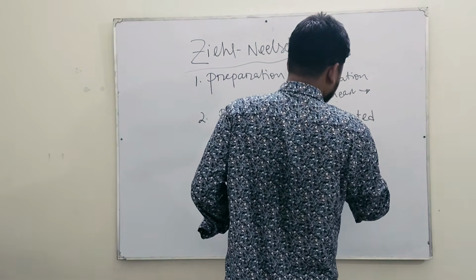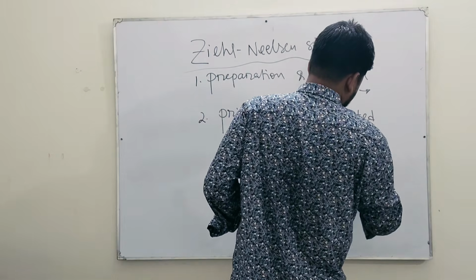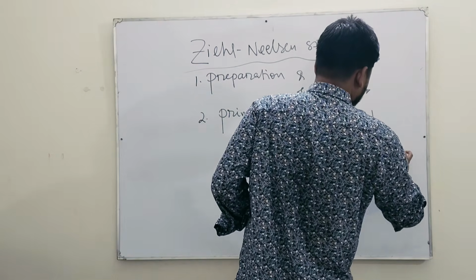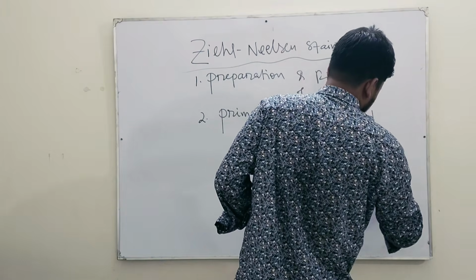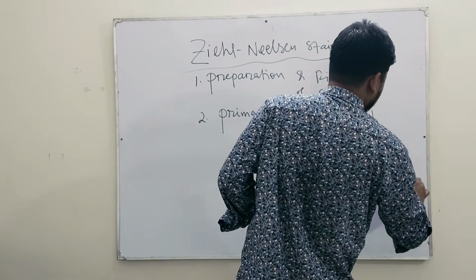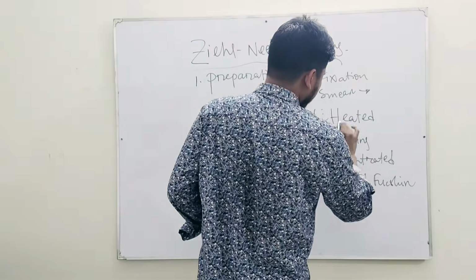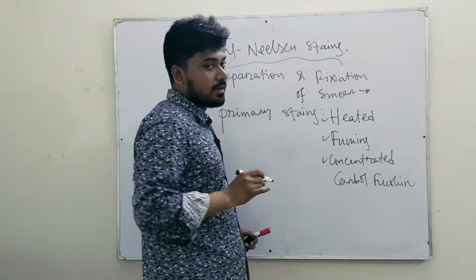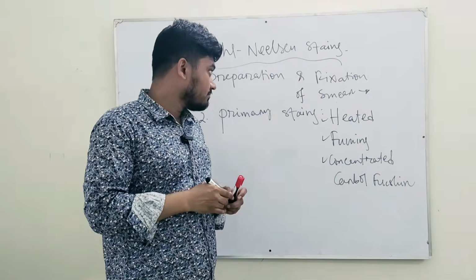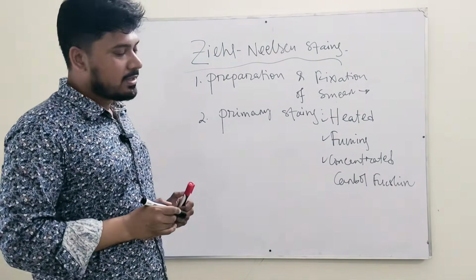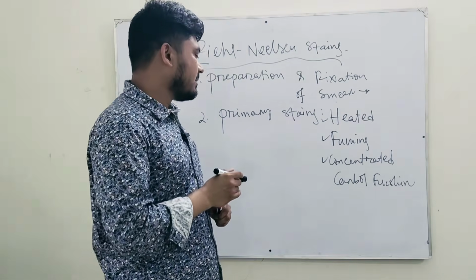heated, fuming, concentrated carbolfuchsin. Every point is important: heated, fuming, and concentrated carbolfuchsin. Here heated carbolfuchsin is used because mycobacteria have a thick mycolic acid layer in their cell wall.